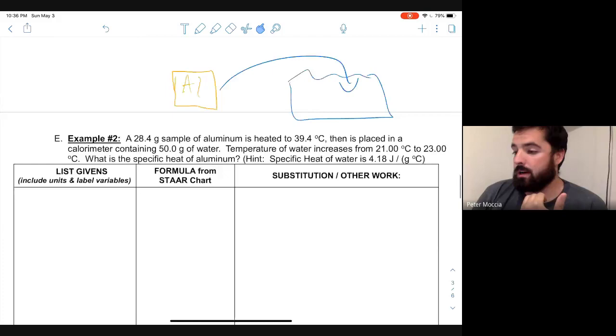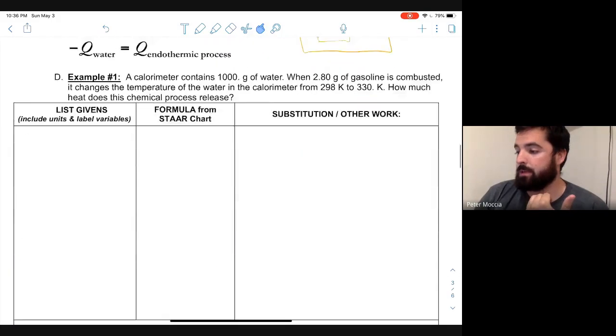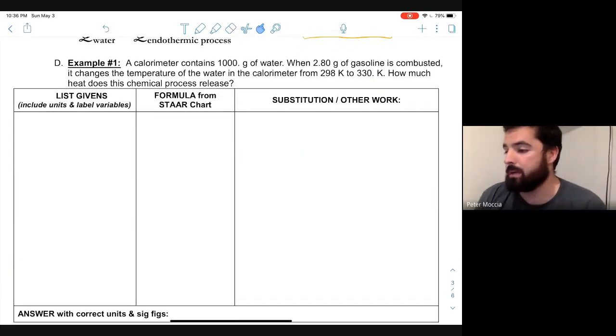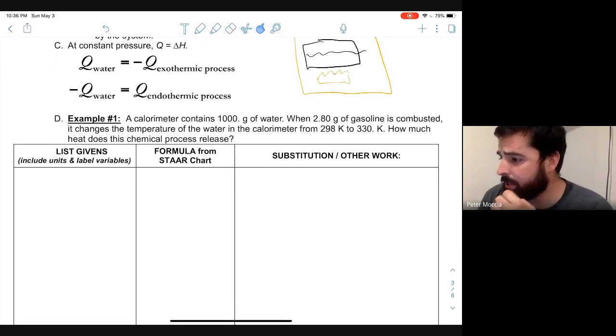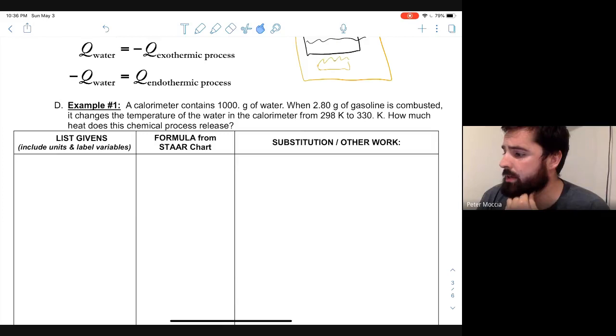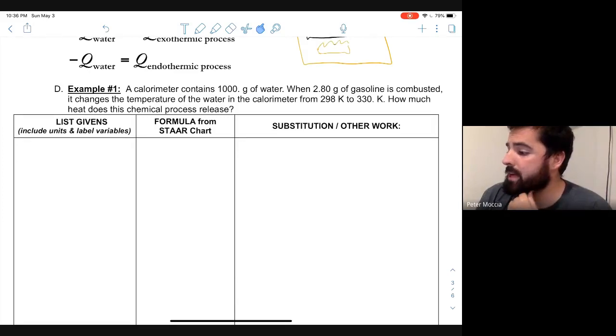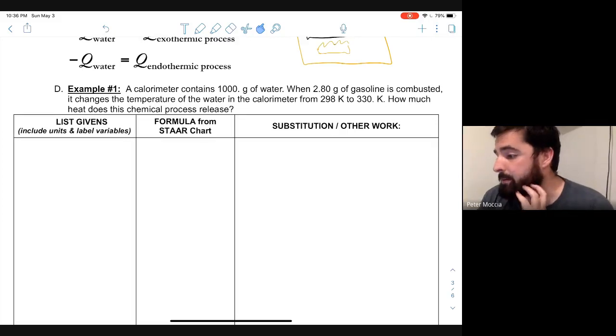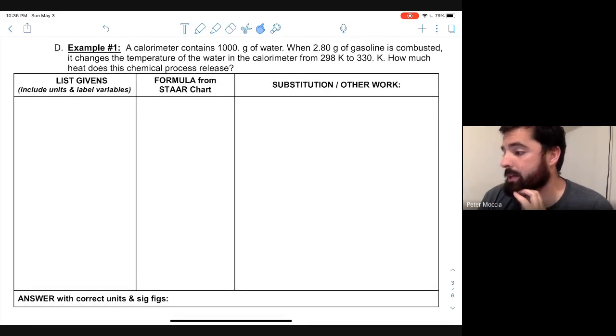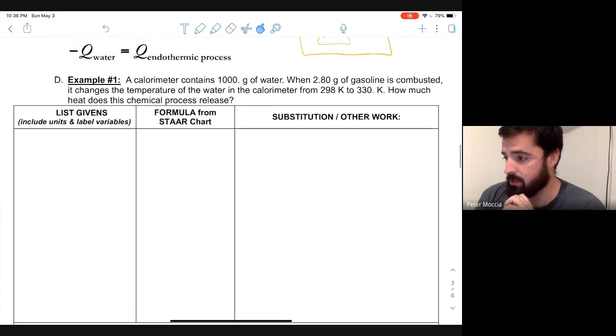So let's go back to this first one. This is the bomb calorimeter. A calorimeter contains 1,000 grams of water. When 2.8 grams of gasoline is combusted, it changes the temperature of the water in the calorimeter from 298 to 330 kelvins. How much heat does this chemical process release?